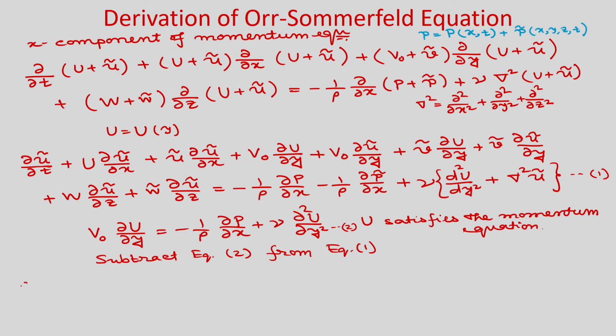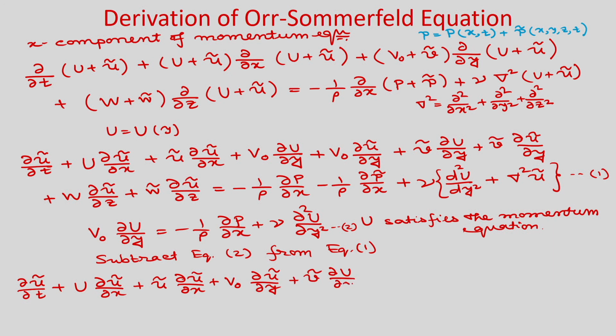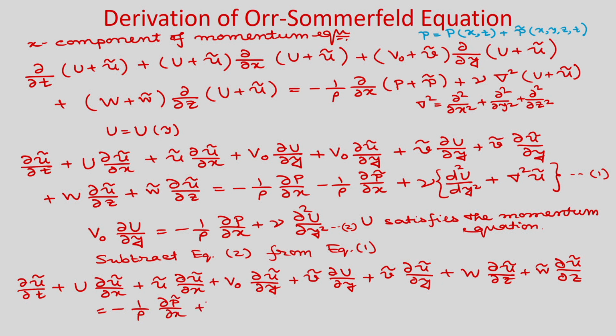So, we will get this equation of perturbation: ∂ũ/∂t plus u ∂ũ/∂x plus ũ ∂ũ/∂x plus, so this term will not be there, v naught ∂ũ/∂y plus ṽ ∂u/∂y plus ṽ ∂ũ/∂y plus w ∂ũ/∂z plus w̃ ∂ũ/∂z, and in the right hand side this first term will not be there, we will have only minus 1 by rho ∂p̃/∂x plus this term also will not be there, only nu nabla square ũ.